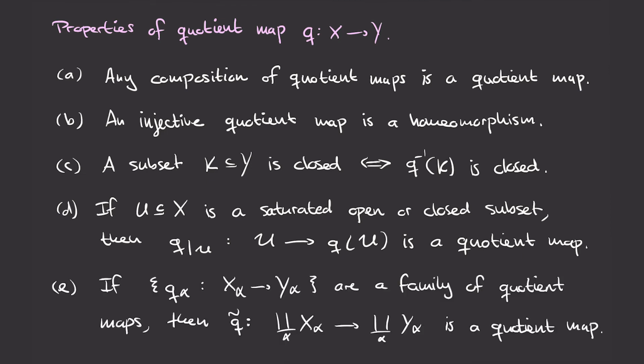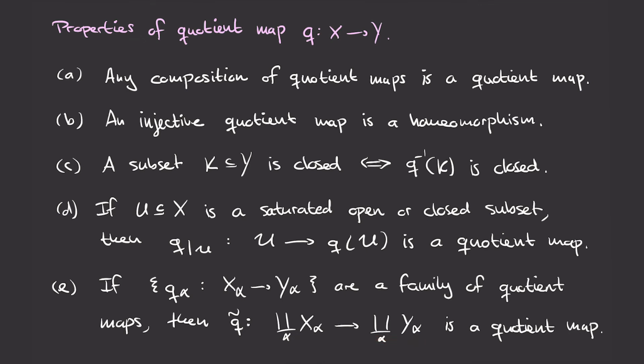Finally, the last property gives us another way of constructing new quotient maps from old ones. So suppose that we have some family of quotient maps Q alpha from spaces X alpha to Y alpha. Then we can form a quotient map by taking the disjoint union of all these individual maps. So we get a continuous map from the disjoint union of the X alpha to the disjoint union of the Y alpha.